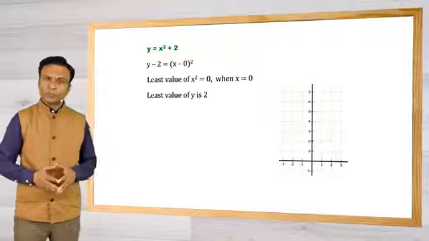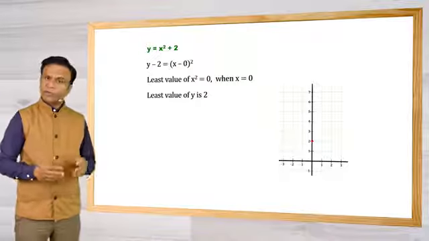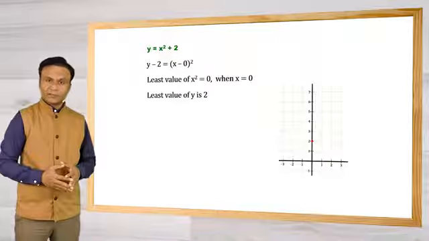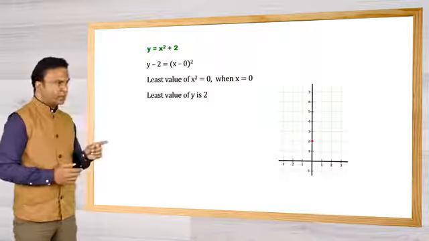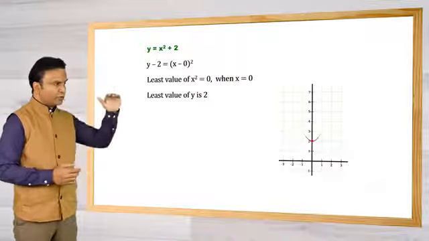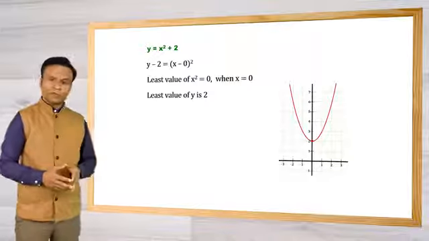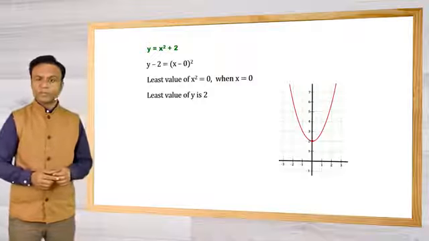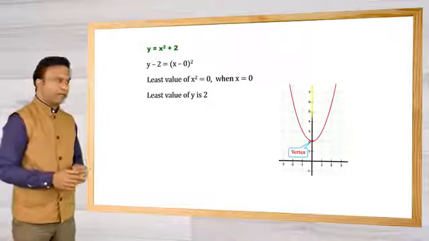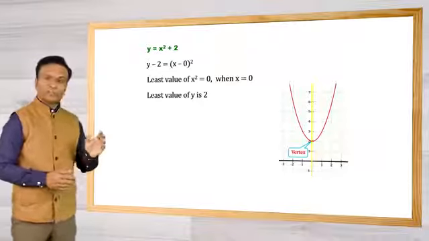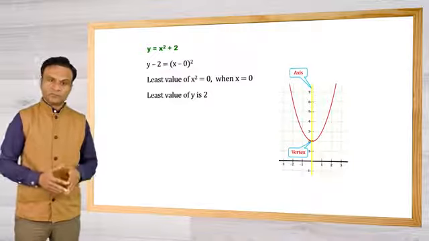This is the lowest point on the graph because the least value of y is 2. If you take any other value of x, the value of y is more than 2. So from this point, the graph moves upward like this. Here (0, 2) is the vertex of the parabola and the graph is symmetrical about the y-axis. So in this case also, the axis of the parabola is the y-axis.